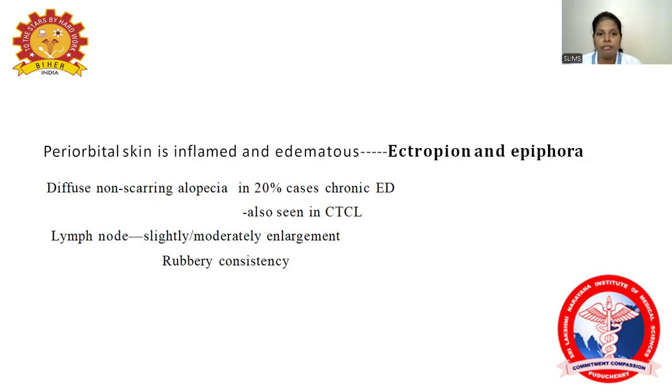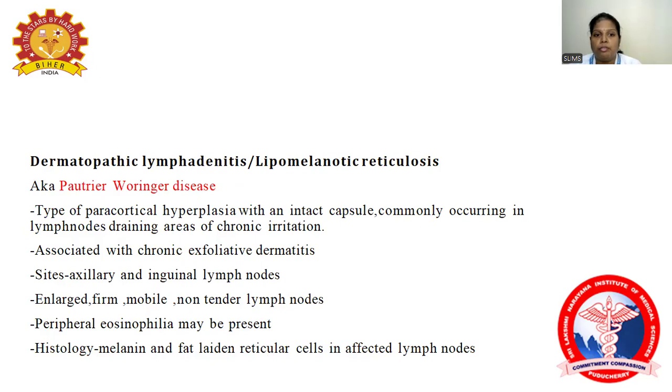Coming to lymph nodes, there can be slight to moderate enlargement and rubbery consistency. So dermatopathic lymphadenopathy or lipomelanotic reticulosis, also known as Pautrier-Woringer disease. It's a type of paracortical hyperplasia present in the lymph node when there is chronic irritation.